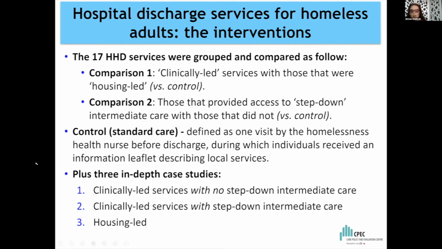The care models were very heterogeneous, and it was quite challenging to find definitions. In the next slide, the 17 sites were grouped in different ways. We looked at one comparison of clinical-led services, teams based in hospital providing patient reach and discharge coordination, compared with housing-led services, where a housing support worker goes to hospital to provide patient reach and discharge coordination.